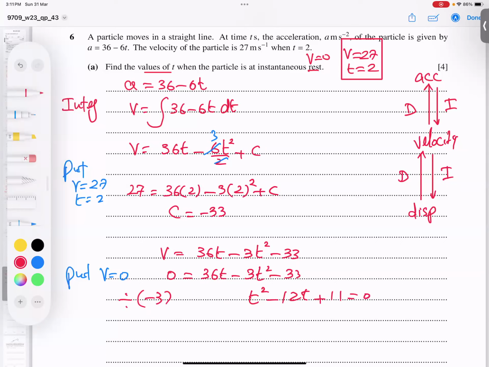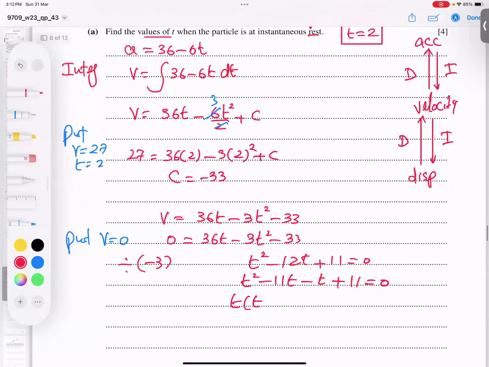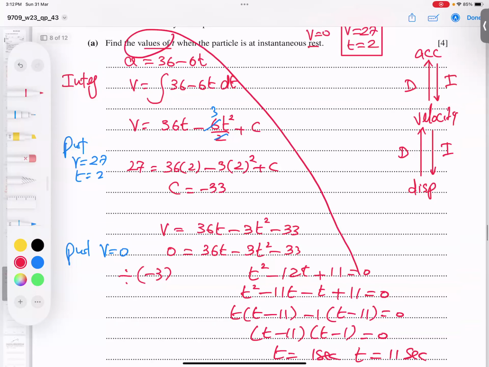Now I can factorize, which I think is easy. 11 ones are 11, so negative 11 and negative 1. Or you can apply the quadratic formula, but factorization is the easy way, so you should not go for the quadratic formula. It's time consuming; this is time saving. And I got 2 times: time 1 and time 11 seconds. And what he was asking was to find the time values. Alhamdulillah Rabbil Alameen, we got it.